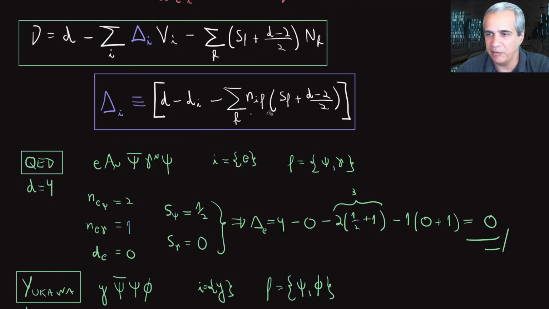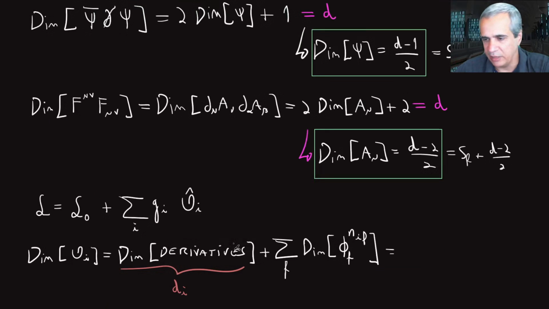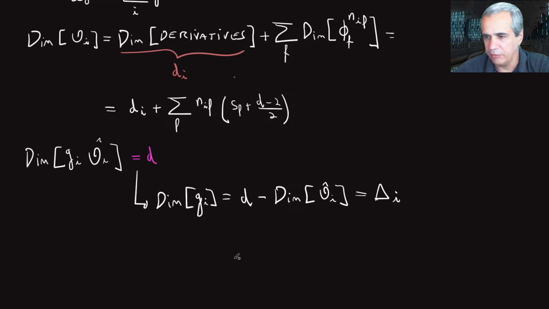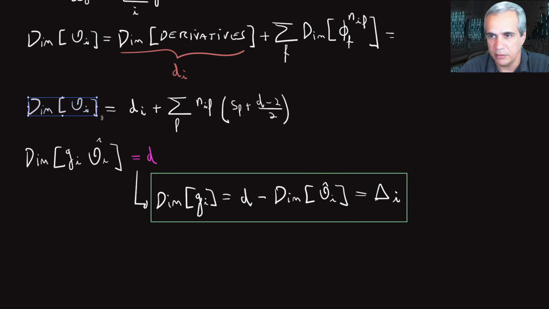And this we have found now is the dimension of the operator that generates that interaction. So going back down, I have this, which is a very important result. And also this one is pretty important and worth remembering.